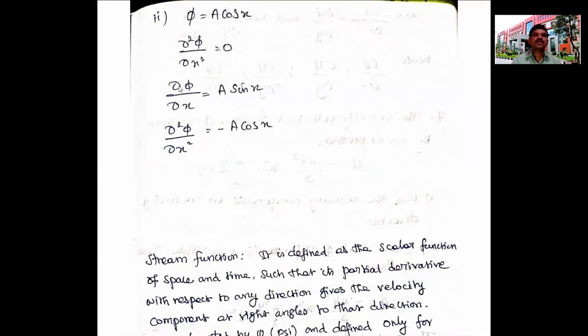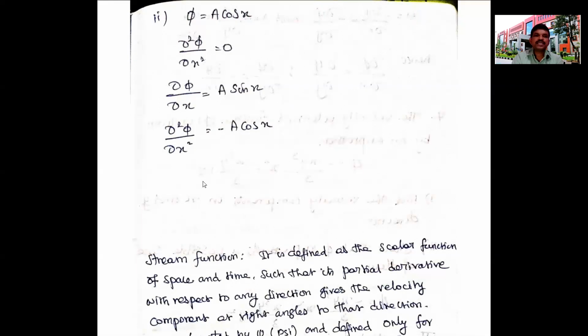First derivative: del phi by del x. What is the partial differentiation of cos x? It is A into minus sin x. Next is del squared phi by del x squared. Again we have to differentiate partially. The differentiation of sin x is nothing but cos x.